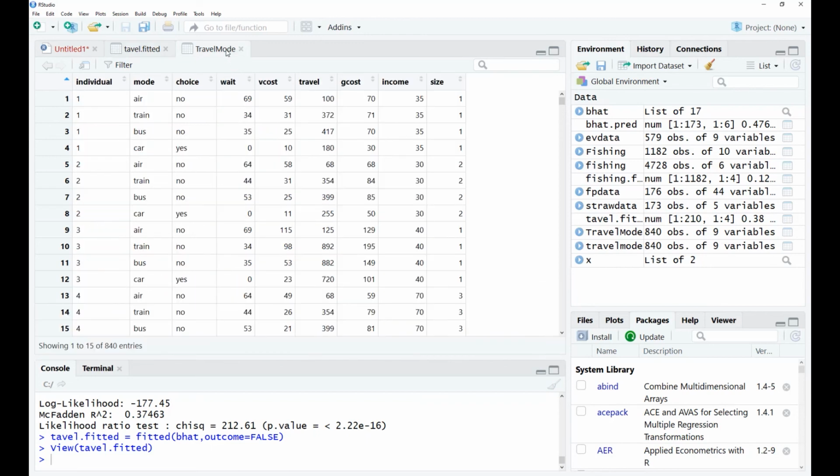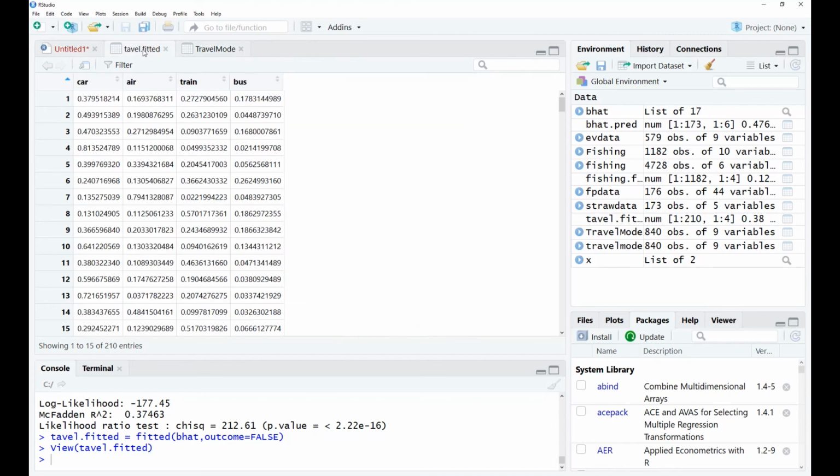So now if we compare, for example, individual 1 and individual 2, individual 1 picked car, and so did individual 2 in order to travel between Melbourne and Sydney. Now, in our model for individual 1 and individual 2, note that the probability associated with car is higher than any other probability in that line.